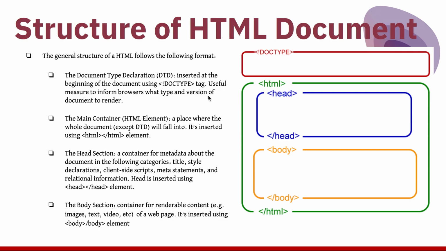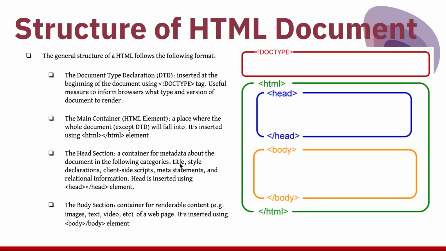Now, what is the head? It's just a container for metadata about the document, and it has several categories. One of them is title. You want a title for your web page so that when people view your web page in their browser, in that particular tab, they have the name of the site, so you can say this is our first web page. It will be displayed later.